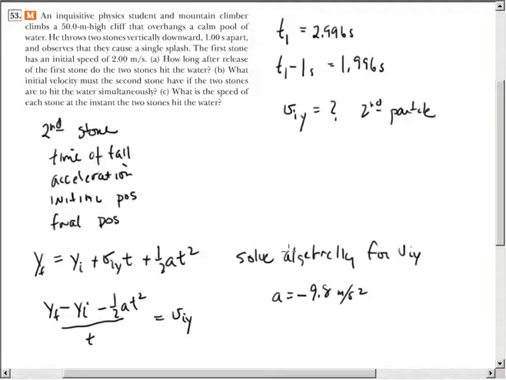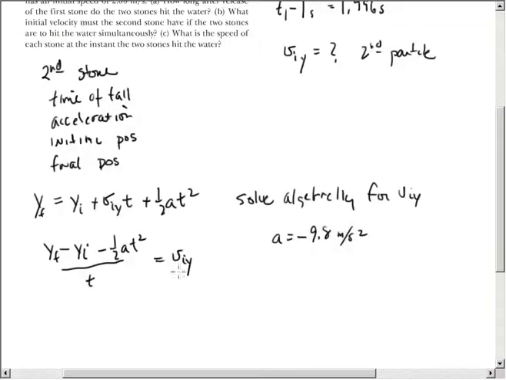Go ahead and work it out and get the solution. Pause the video. I obtain VIY is equal to minus 15.3 meters per second.